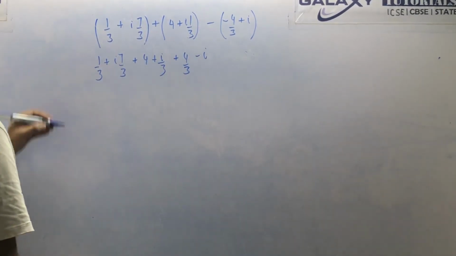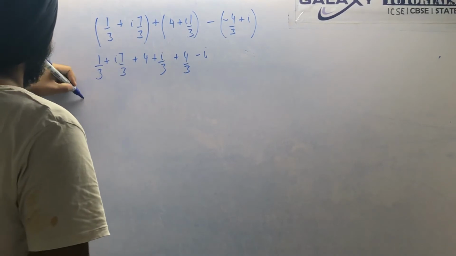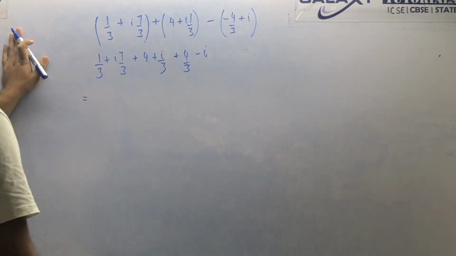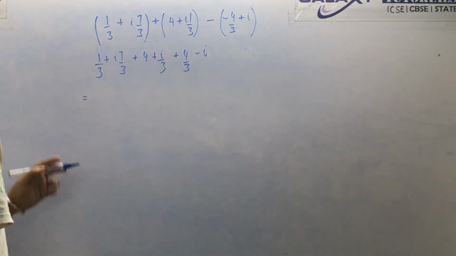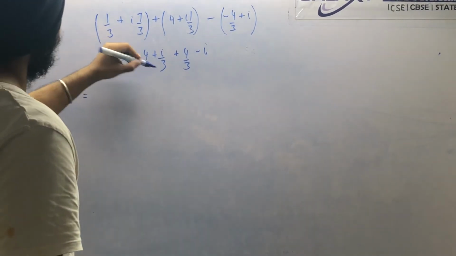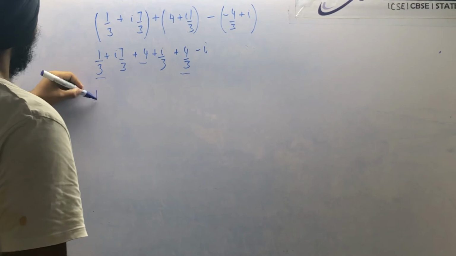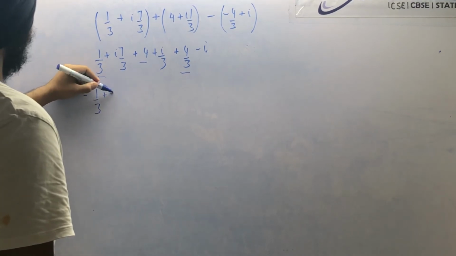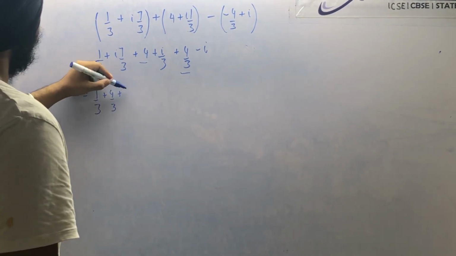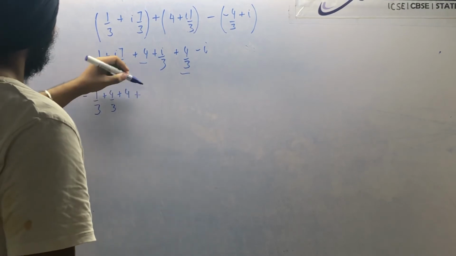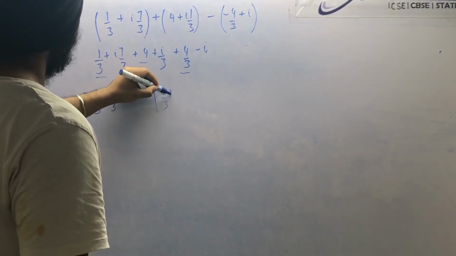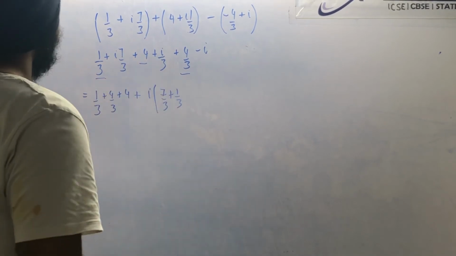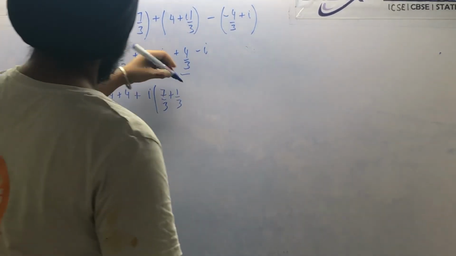Okay, so 1 by 3. This is the, just separate the real and imaginary parts here. So 1 by 3, 4 and 4 by 3. 1 by 3 plus 4 by 3 plus 4 plus iota 7 by 3 plus 1 by 3 minus 1.